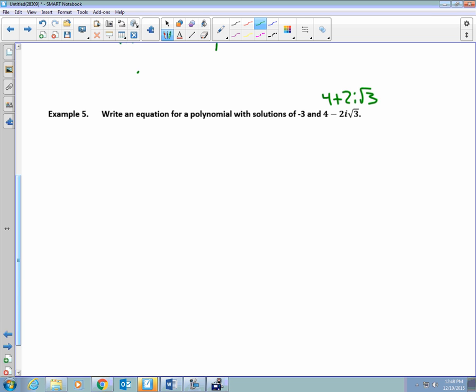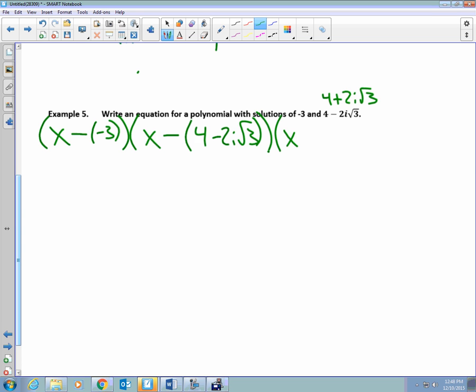So we will write it out. x minus a negative 3, times x minus (4 minus 2i root 3), that quantity, times x minus (4 plus 2i root 3), that quantity.